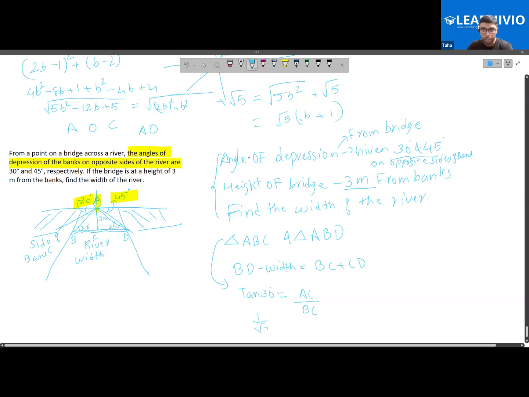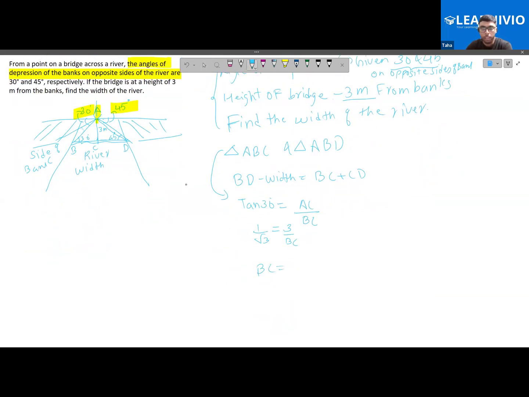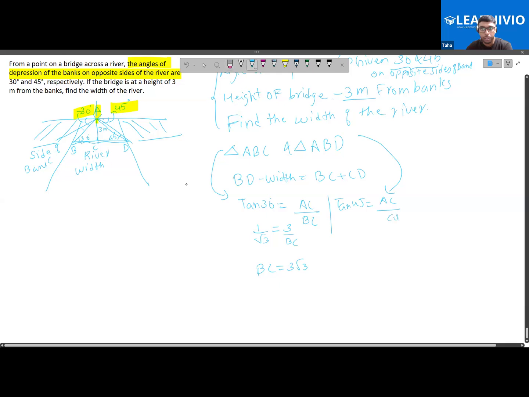So 1 by root 3 equals AC, which is 3 meters, by BC. So BC will be 3 root 3. And in this triangle, tan 45 is equal to AC upon CD. So this would be 1 and this would be AC upon.